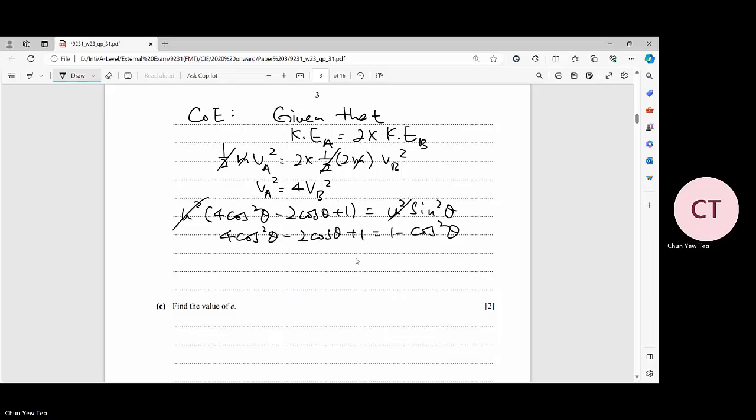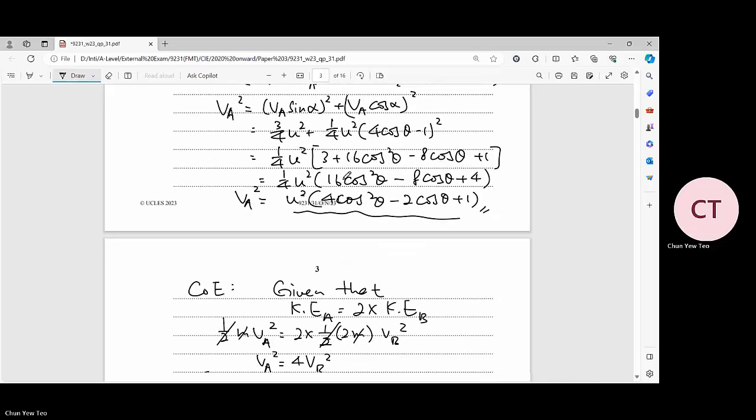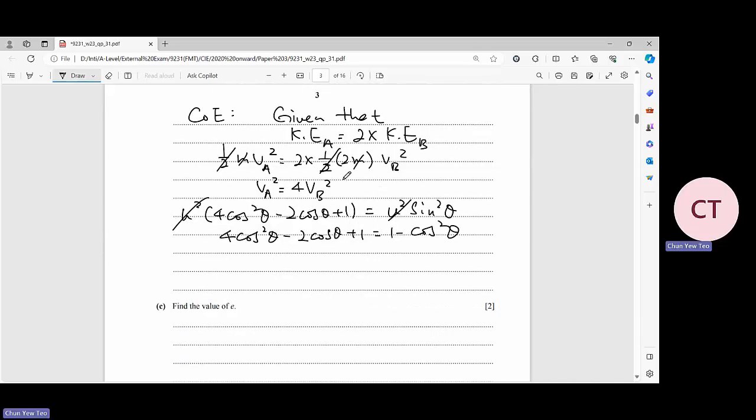Then the 1 can be cancelled off. Then you have 5 cos square theta minus a 2 cos theta. So your cos theta, 5 cos theta minus 2.